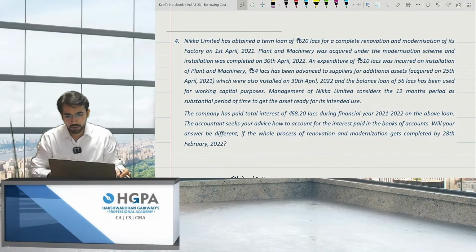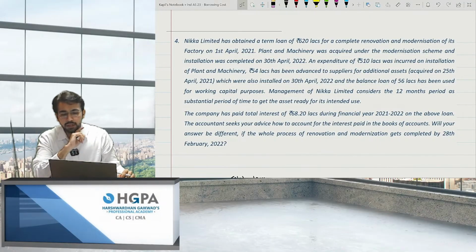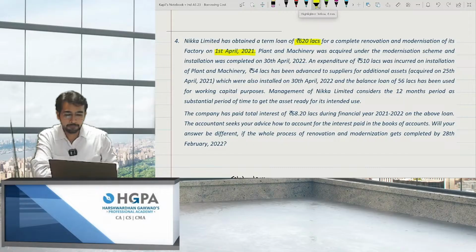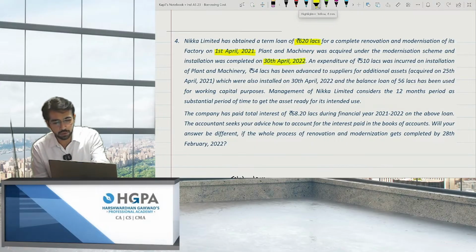What they have given? Nika Limited has obtained a term loan of 620 lakhs for a complete renovation and modernization of its factory on 1st April 21. So basically there is a loan of 620 lakhs on 1st April 21. Plant and machinery was acquired under the modernization scheme and installation was completed on 30 April 22.